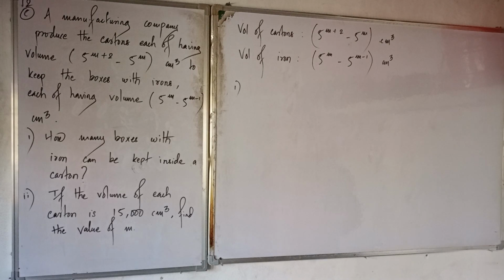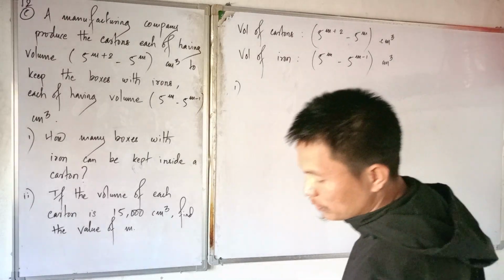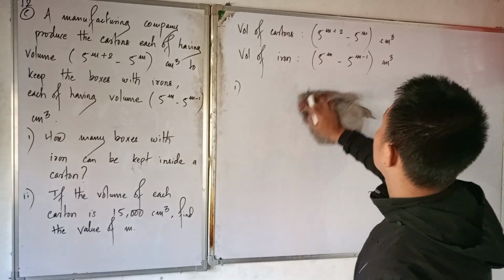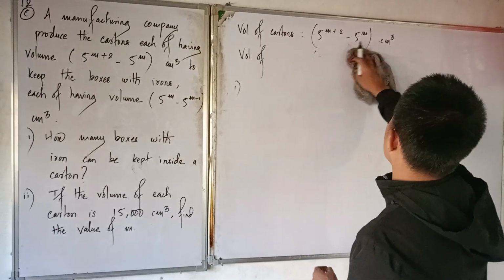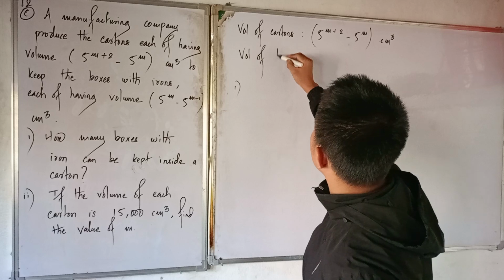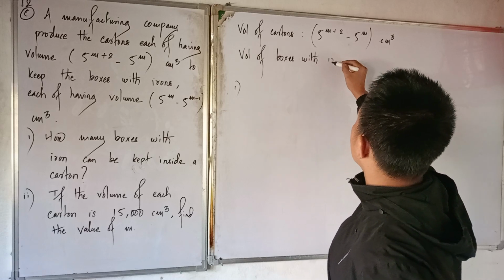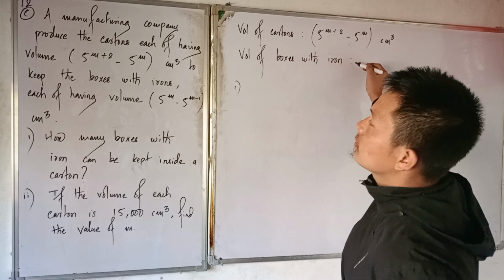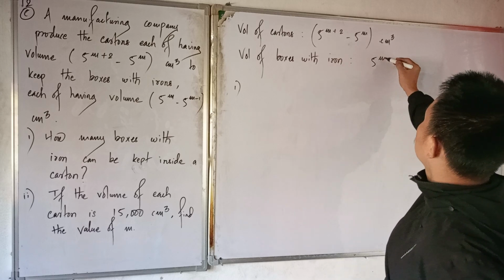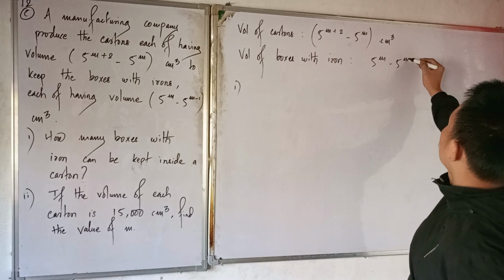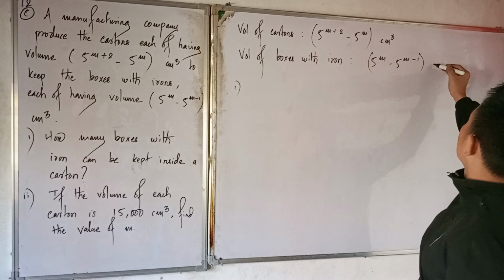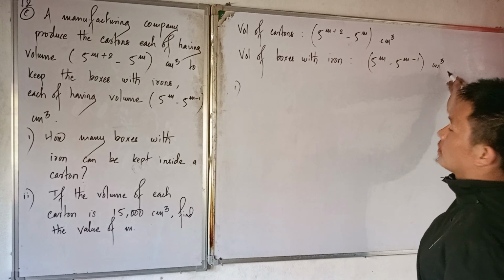Okay, so it will be better if I write here volume of boxes with iron, that is given 5 power m minus 5 power m minus 1 centimeter cube.